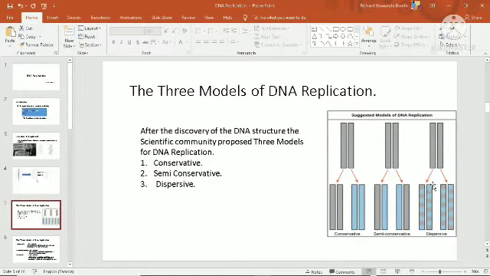But in the dispersive, what was suggested is that instead of having this kind of arrangement as seen in the conservative and semi-conservative, you would have both strands being hybrid, whereby the DNA molecule contains nucleotides from the original DNA molecule, and then there'll be newly synthesized nucleotides as well, like so.